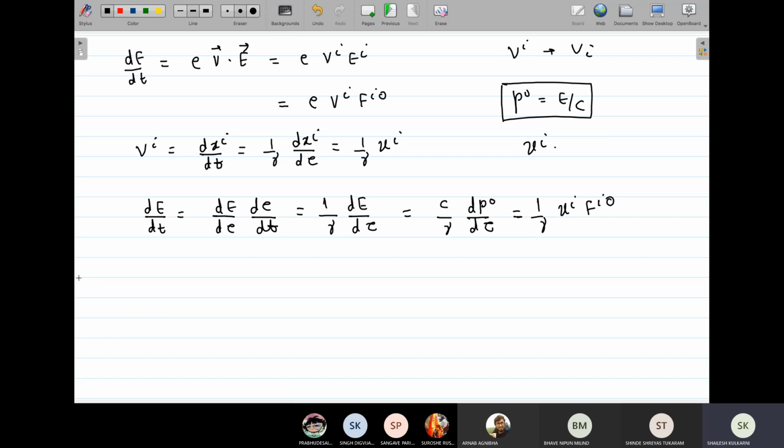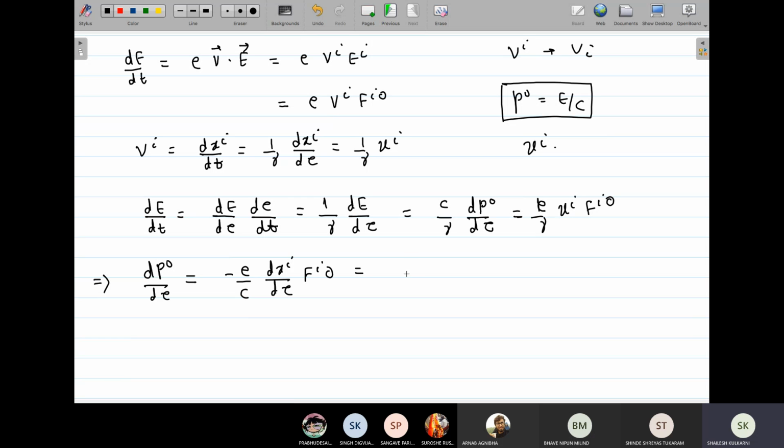So this implies that dP0 by d tau will be equal to minus E by C. I will substitute everything here. So I have to put E here. E is there, E by C. Gamma will go. So E by C del xi by del tau Fi0.